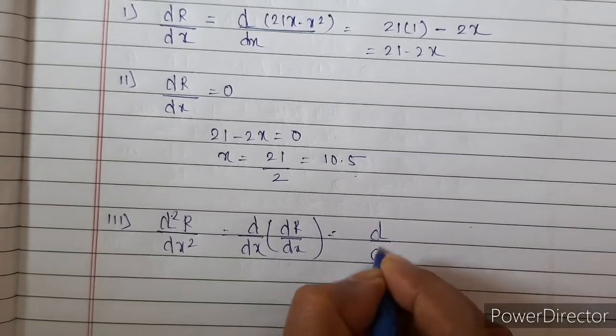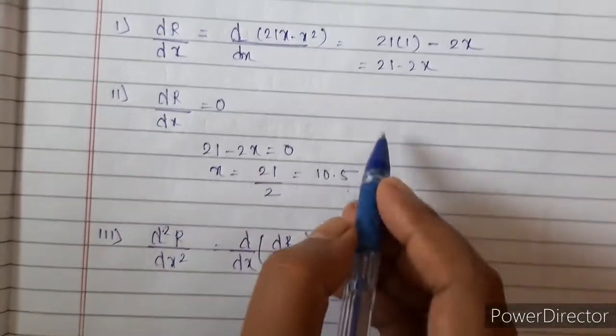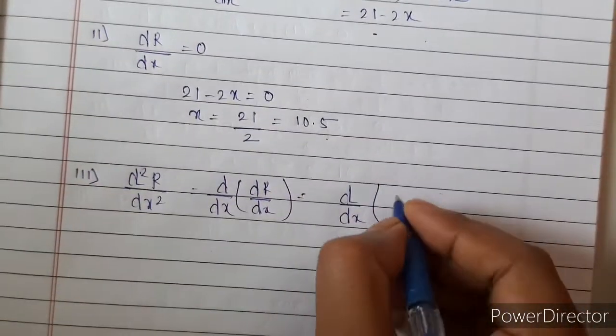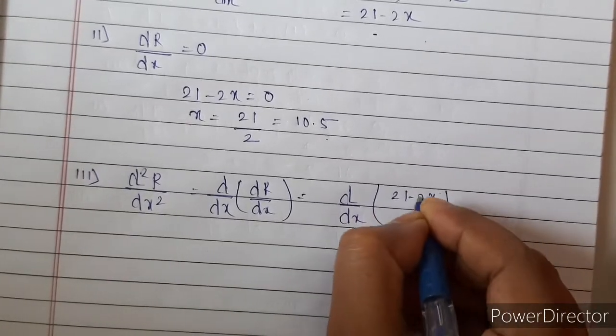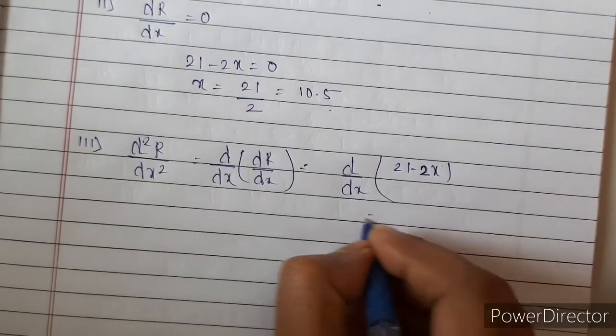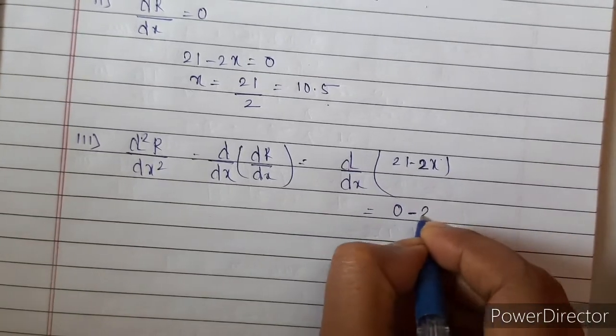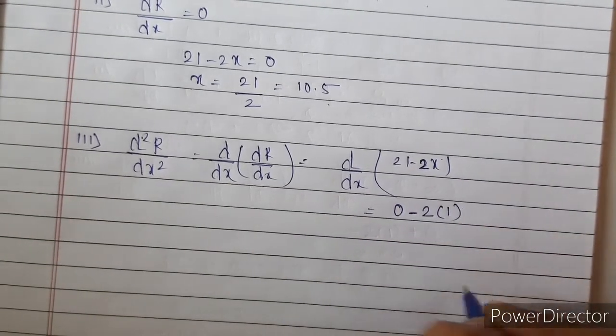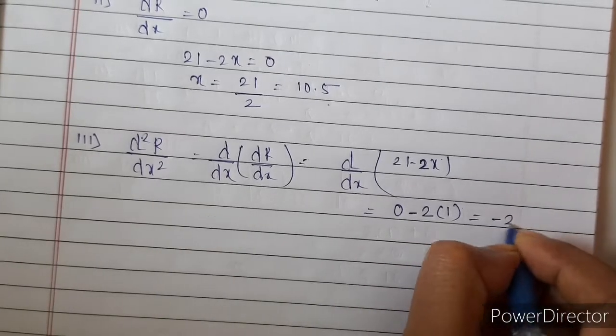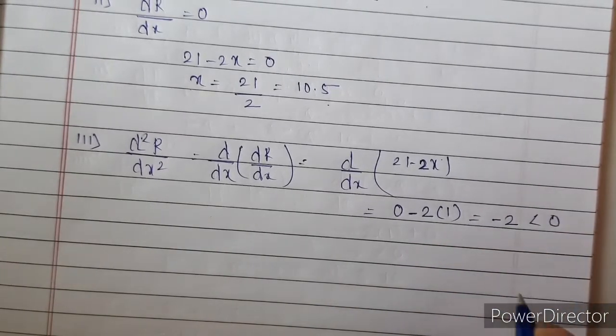We know that derivative of revenue is 21 minus 2x. Now we have to derivate this one more time. So derivative of 21 is 0. Minus 2 is a constant, derivative of x is 1. So what we are getting is minus 2 which is less than 0.